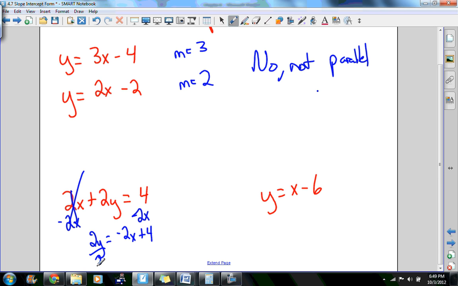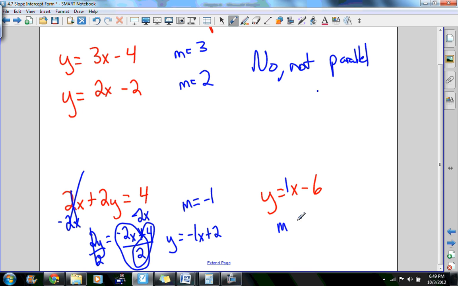And I'm going to divide by 2 and do the heart method. So I get y equals negative 1x plus 2. So my m is negative 1. Over here, my m is, using Ann's method, positive 1. And so no, these are not parallel.